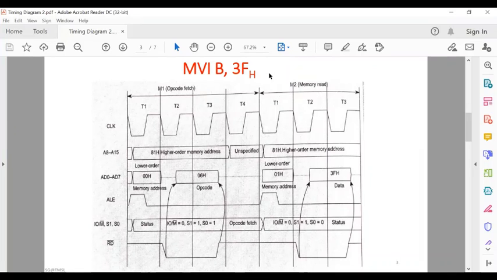Operand can be given at any time, you can change the operand as per your requirement. In that simulator there is an assembler which assembles the assembly language and converts it to machine language. Is it clear?